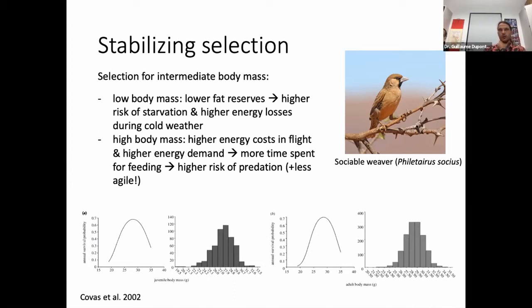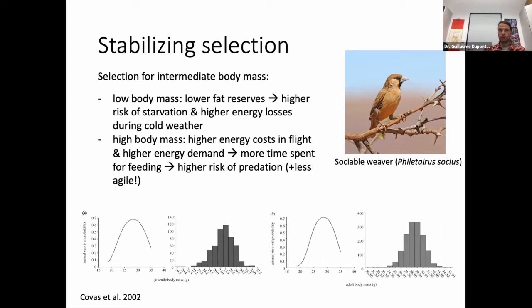So here is an example for the sociable weaver, a bird which occurs in South Africa. They build large nests, and this group of researchers were studying these weavers in one tree, in one nest, over a period of 8 years. So they could catch every single bird, measure it, ring it individually, and weigh it.